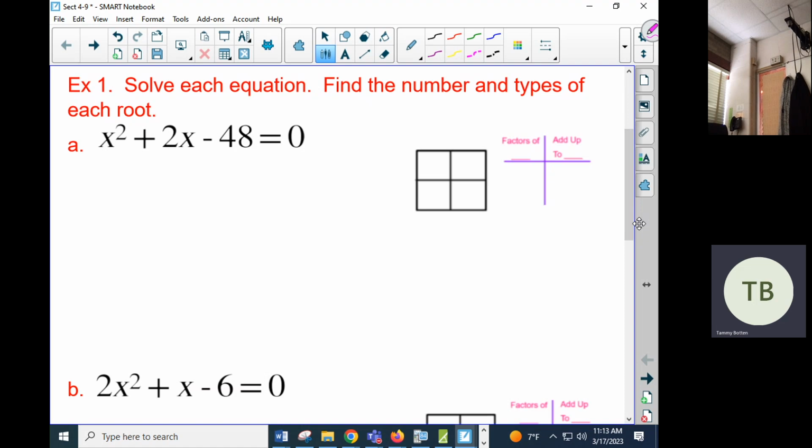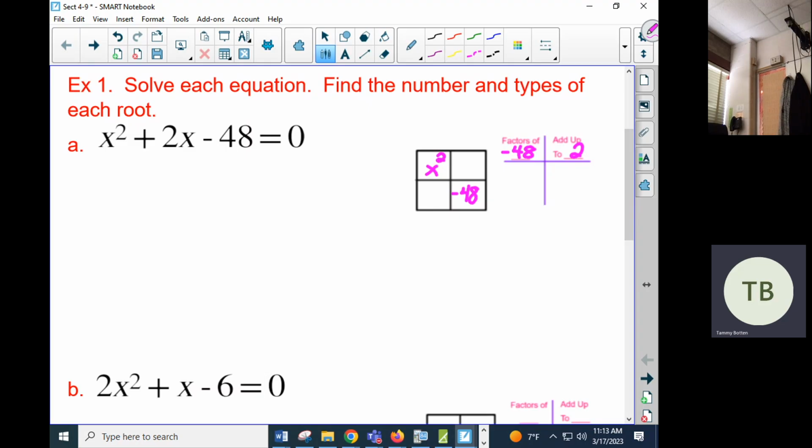So let's go ahead and start with this one. Now, hopefully when you guys look at this, you would know that we could use trinomial factoring. And we put the x squared right here, the negative 48 here and here. And like I said, if you learn this a different way with a different teacher, absolutely do it the way that makes sense to you.